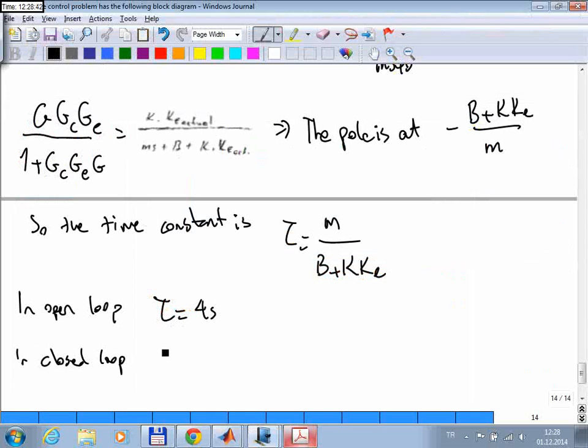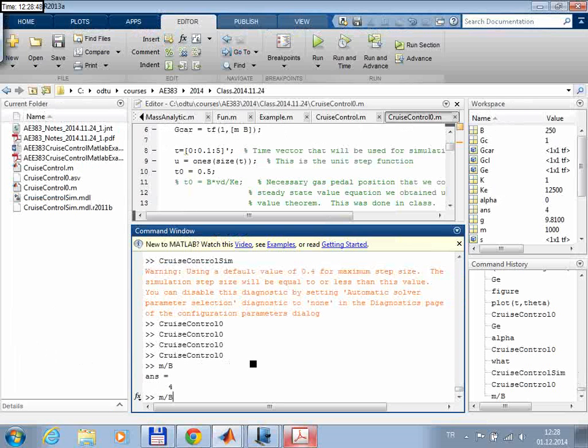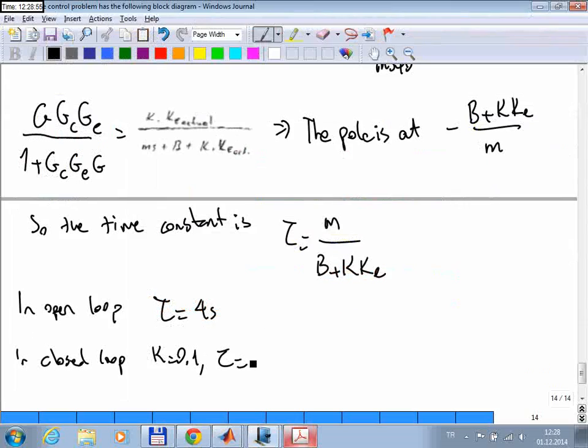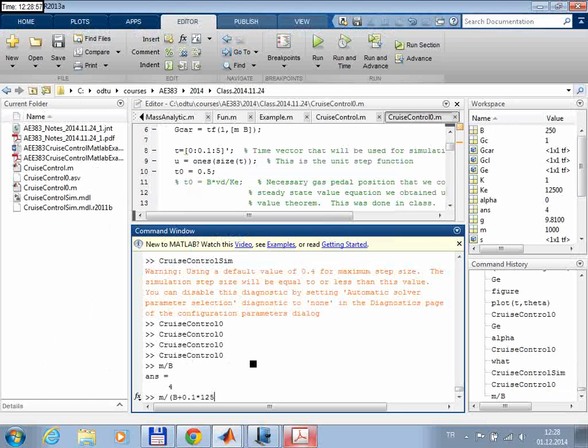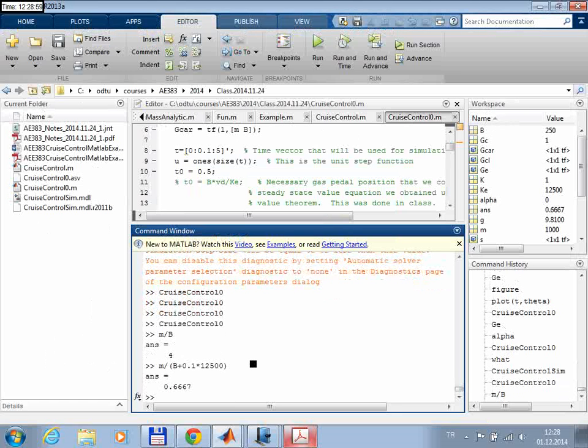In closed loop with k equal to 0.1, tau is, plus 0.1 times, this is the ke value, 0.67.